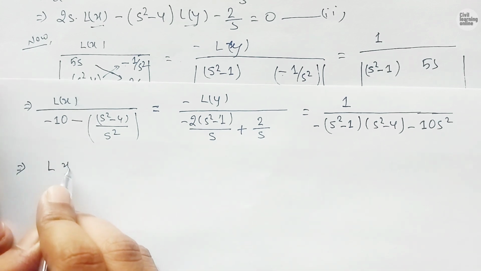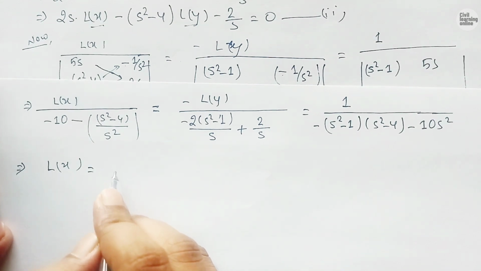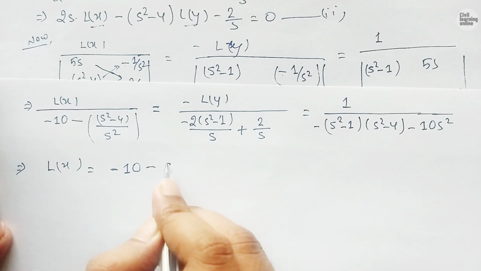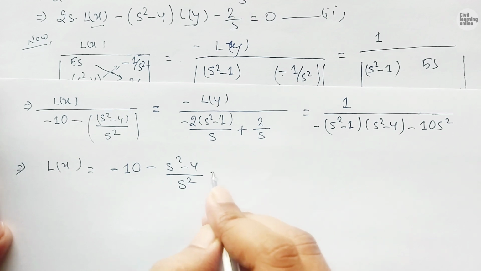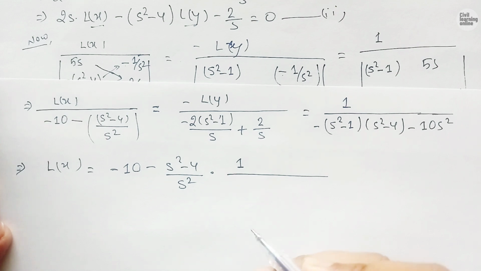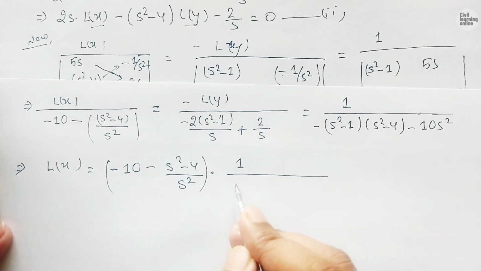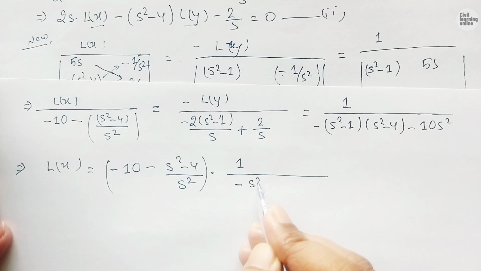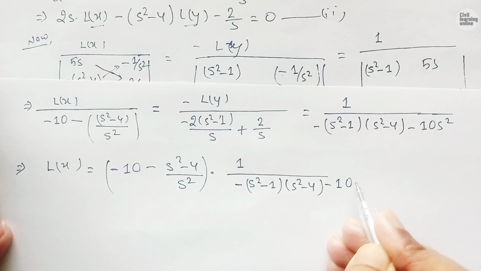So we will have Laplace transformation of x equals to minus 10 minus (s square minus 4) by s square times 1 upon minus (s square minus 1)(s square minus 4) minus 10 s square.